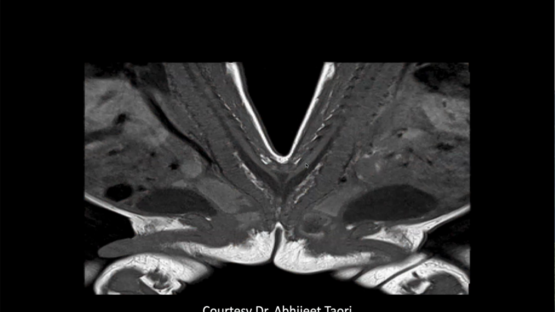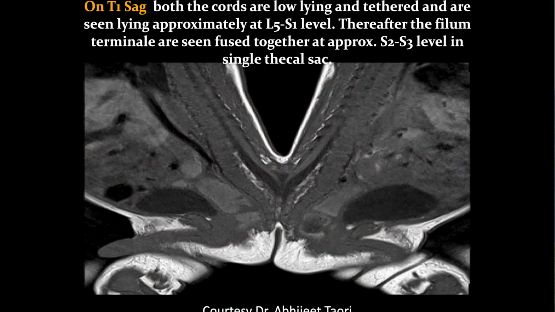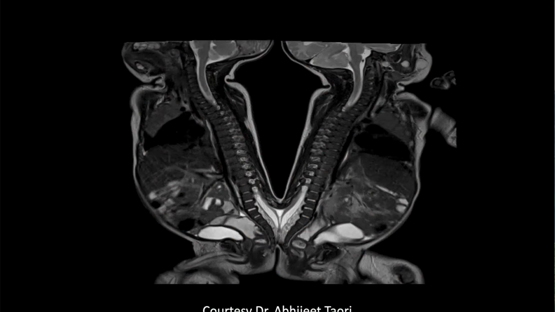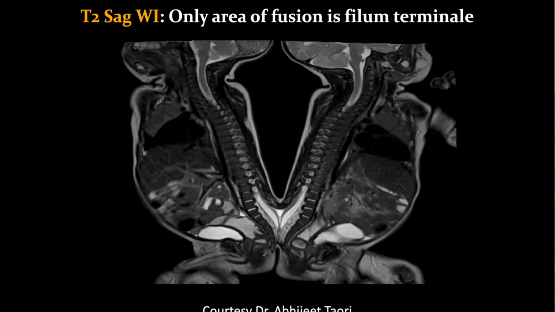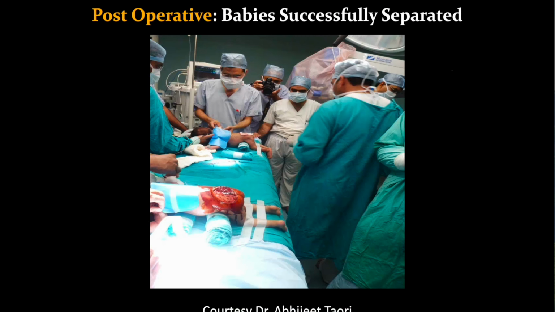The bottom terminalis comes down here, and at this level, there's kind of sharing of the lower neurologic elements. But at least down to the phalanx terminale, you're seeing separate cords and separate nerve roots coming off the spine. And then here we can see the T2 weighted images, again showing the sharing of the phalanx terminale there. And they were able to be successfully separated.